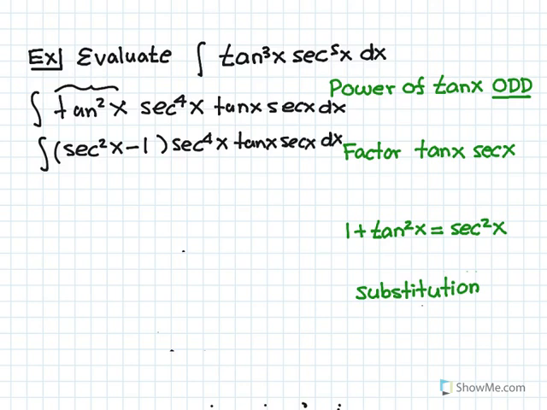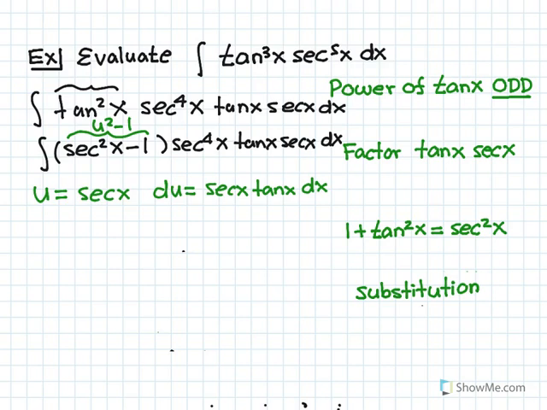Now we're going to apply u substitution, so we let u be equal to secant x, and its derivative, du, will be sec x tan x dx. So you can see the motivation behind our steps, because this part here is going to be u squared minus 1. This part, secant x to the power of 4, will be u to the 4. And now all of this, tan x sec x dx, is du.